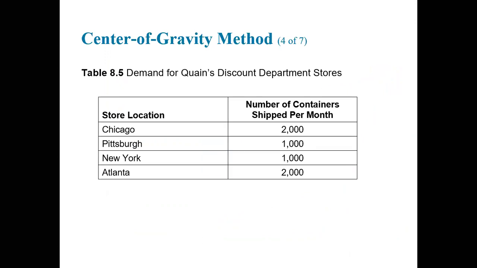So Chicago, Pittsburgh, New York, and Atlanta, Georgia. And they have a certain amount of volume. So they have 2,000 containers going to Chicago every month, 1,000 going to Pittsburgh, 1,000 to New York, and 2,000 going to Atlanta. And we want to try and figure out, where should we site a distribution center, for example?